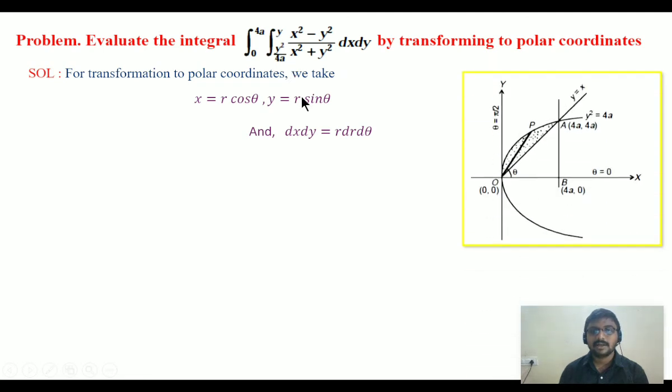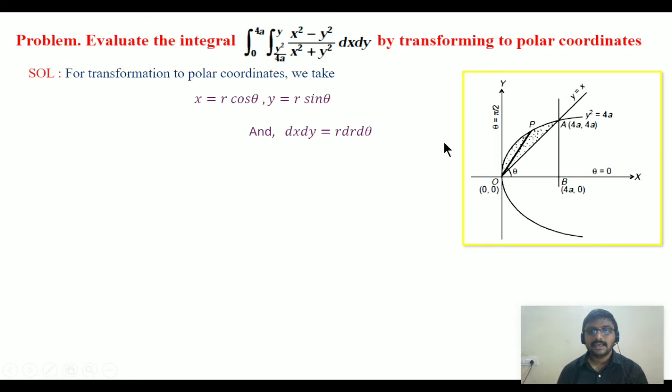For this we have to draw the rough sketch. So it is the rough sketch of the region. Clearly here the x limits are from y square by 4a to y, x equal to y square by 4a. That means y square equal to 4ax is a parabola passing through the origin, and x equal to y is a line passing through the origin.